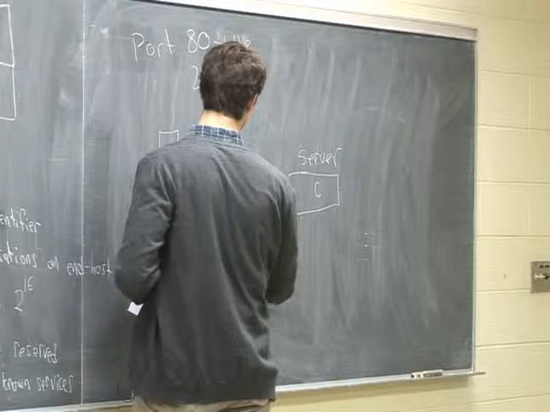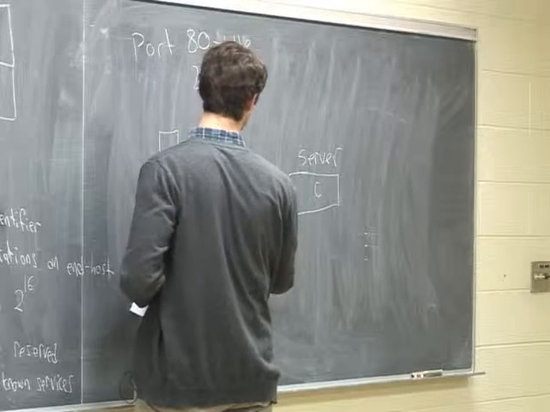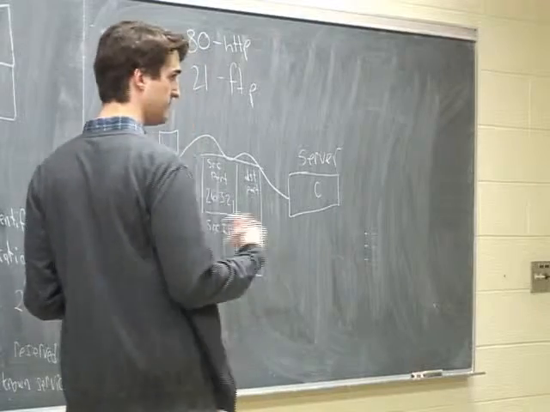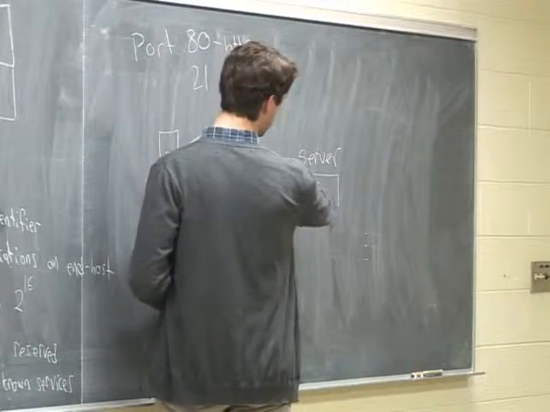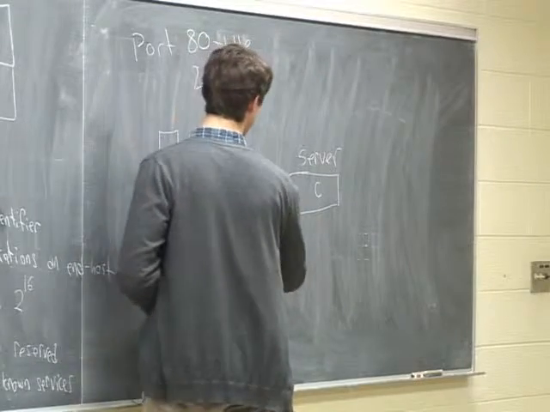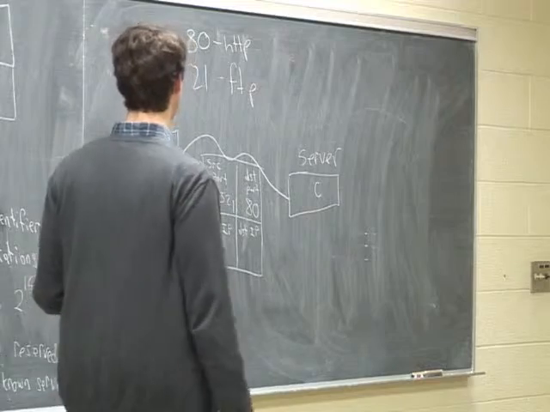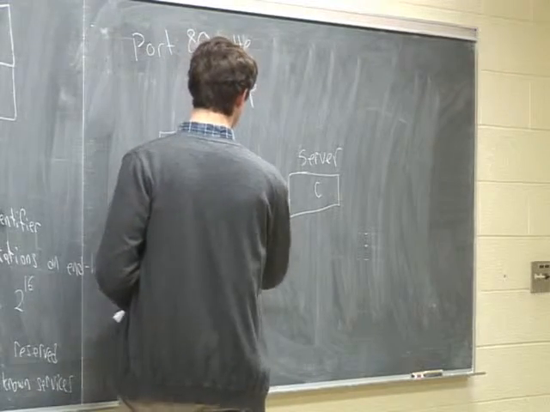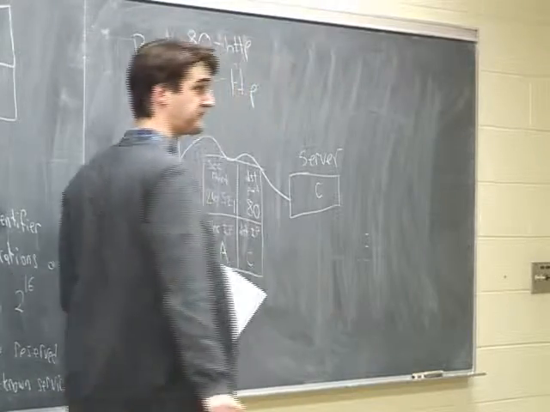So it'll get something like, let's just say 26.32.1. So it gets some random large number like that. And then the destination port, because this is a web page it's requesting, the destination port is 80. All right. Then its source IP is A, and the destination IP is C.